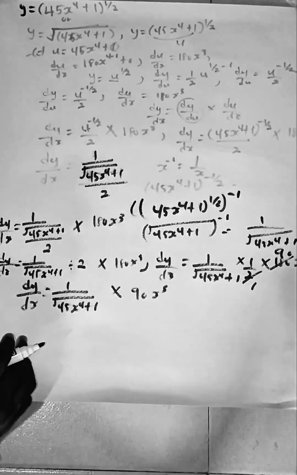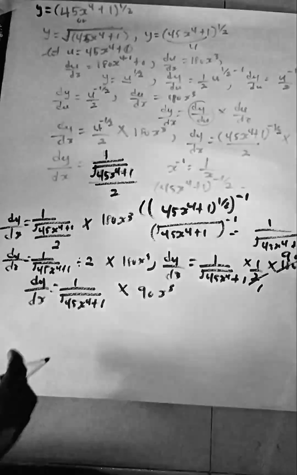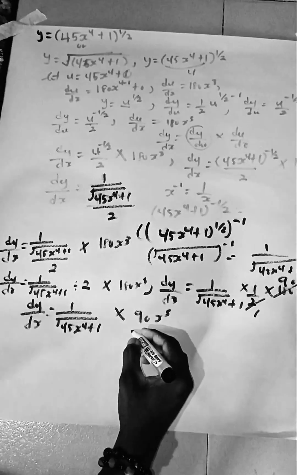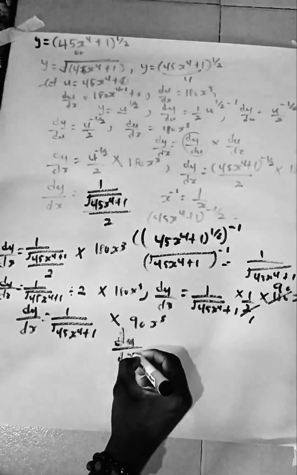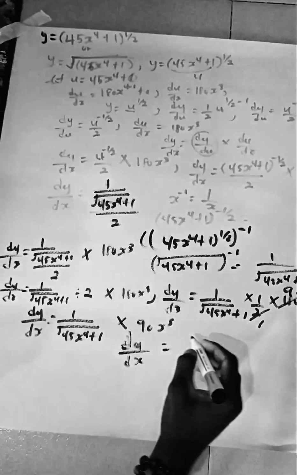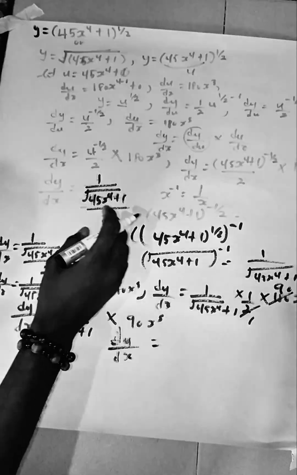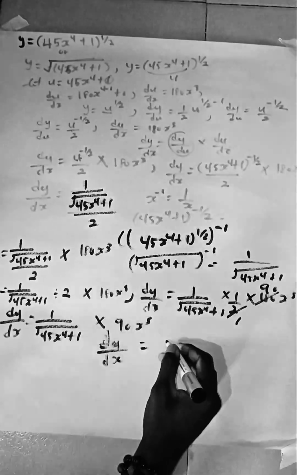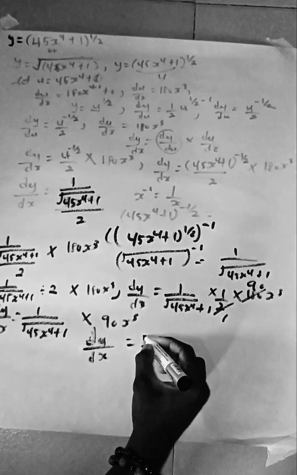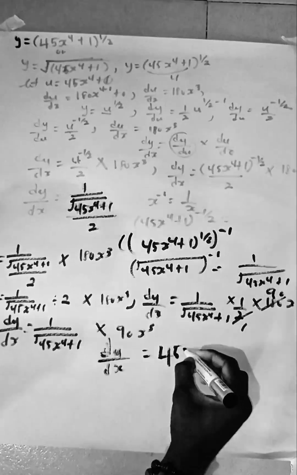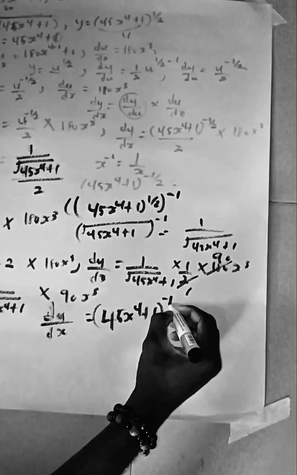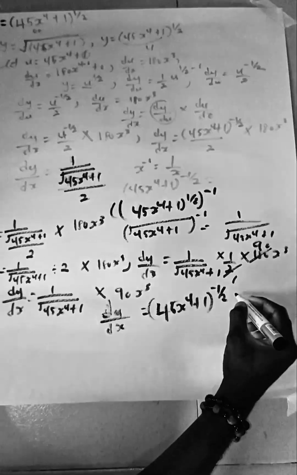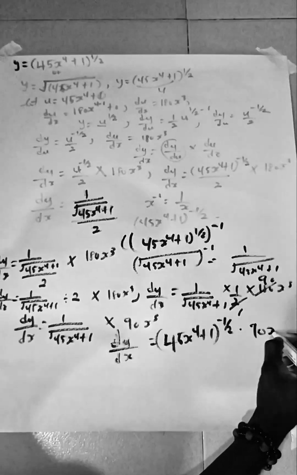So you could leave your answer like this, or you could simplify it again. So let's simplify it to make it exam styled. So dy by dx is just going to equal the same thing as this. So we just have 45 x raised to the power 4 plus 1, all raised to the power minus 1 over 2, then multiplied by 90 x cubed.